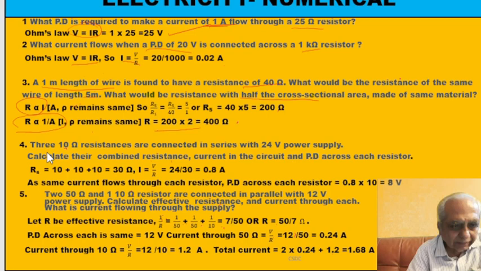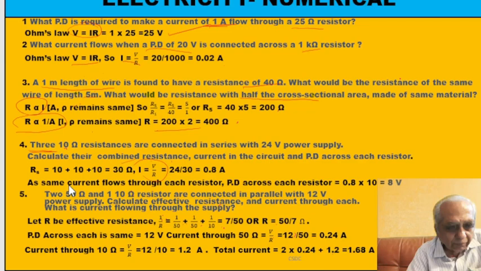So the resistance of this wire is 30 ohm, and the power supply is 24 volt. I know V, I know R, I want to find I. So I is equal to V upon R. Substitute the values, and you will get the answer. Is it alright?